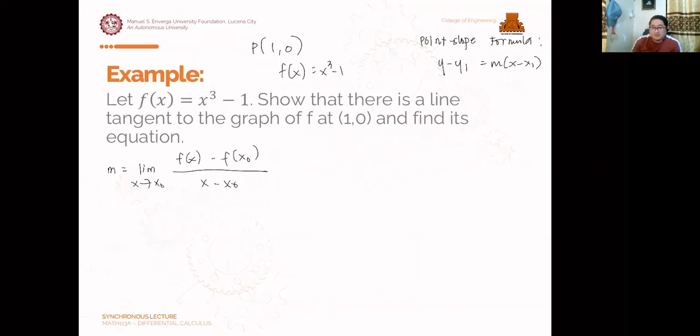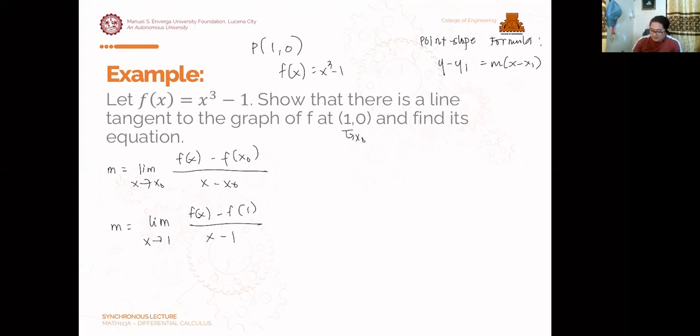So, si x sub 0 is kung ano yung initial point, no? So, dito, assume natin na si x sub 0 natin ay 1. Okay? So, yung slope natin will be equals to limit of f of x minus f of 1 over x minus 1 as x approaches 1.